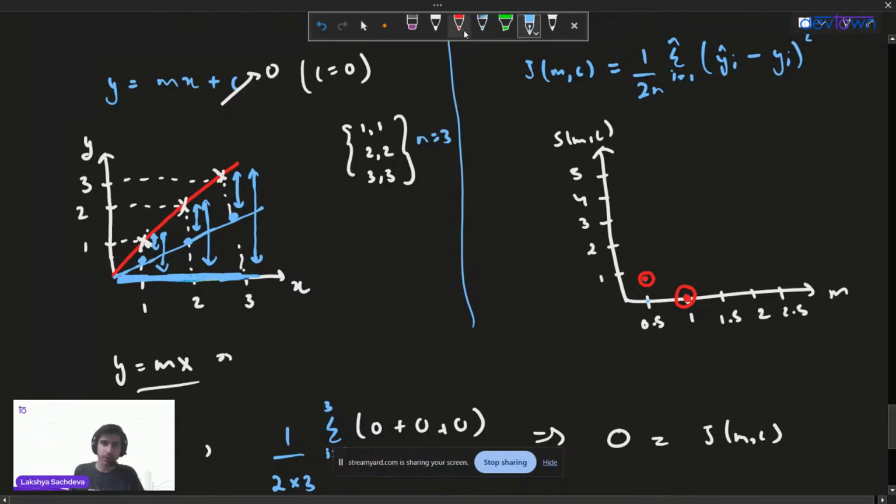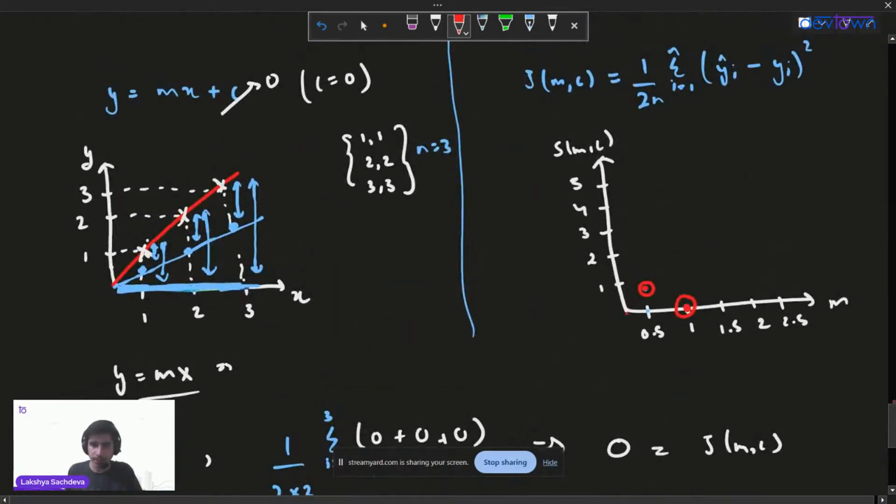Let's plot this on the cost function graph. If my m is 0, my J(m, c) will be 2.3. That is somewhat over here. If you take continuous points, like the value of m as 2, 2.5, 3, 3.5, 4, or negative, anything, change the value of m and plot the cost function.